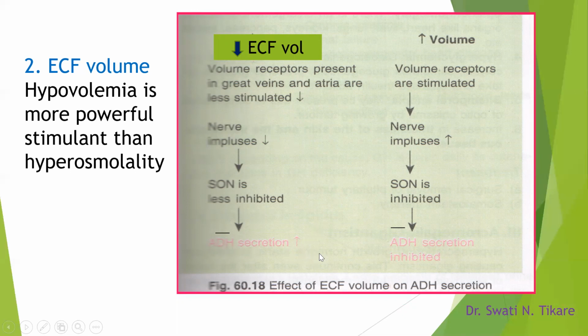That suffices. The reverse happens if there is increased ECF volume. The volume receptors are all stimulated and there is increased nerve impulse, and when there are more nerve impulses, ADH secretion is inhibited.